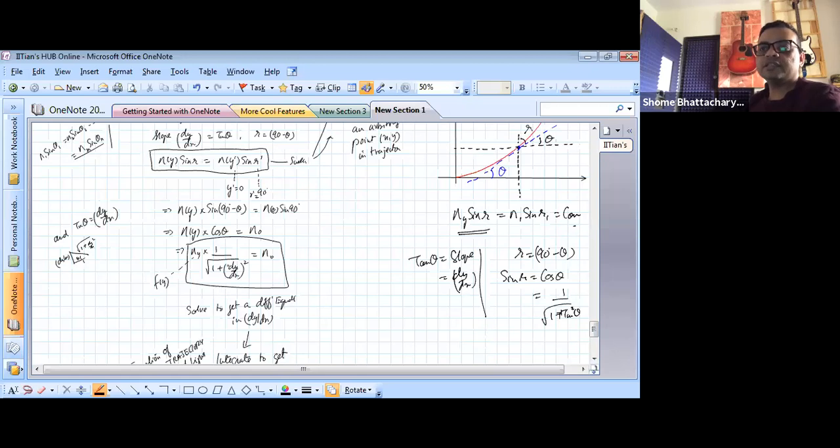So that is how you are getting a relation in dy by dx and this n y, whatever function n is of y. So that kind of an equation is called a differential equation. Any equation which has a derivative term is called a differential, and it needs to be integrated to solve for y as a function of x.